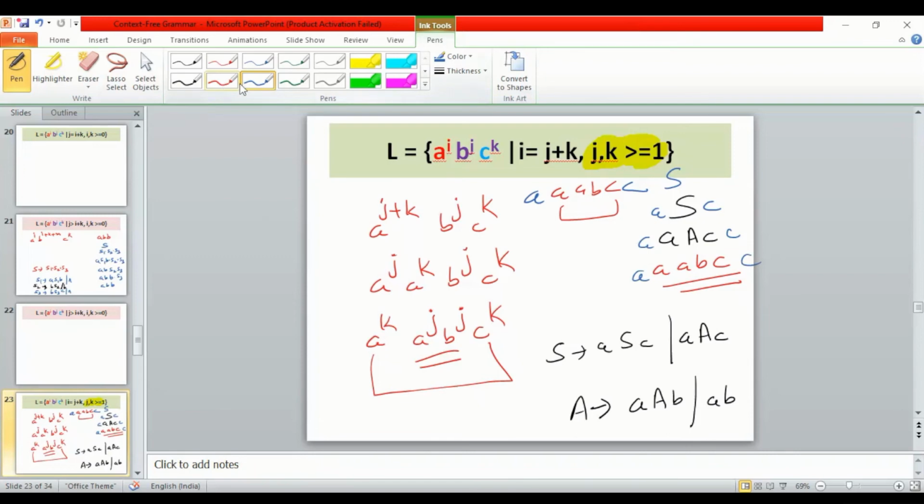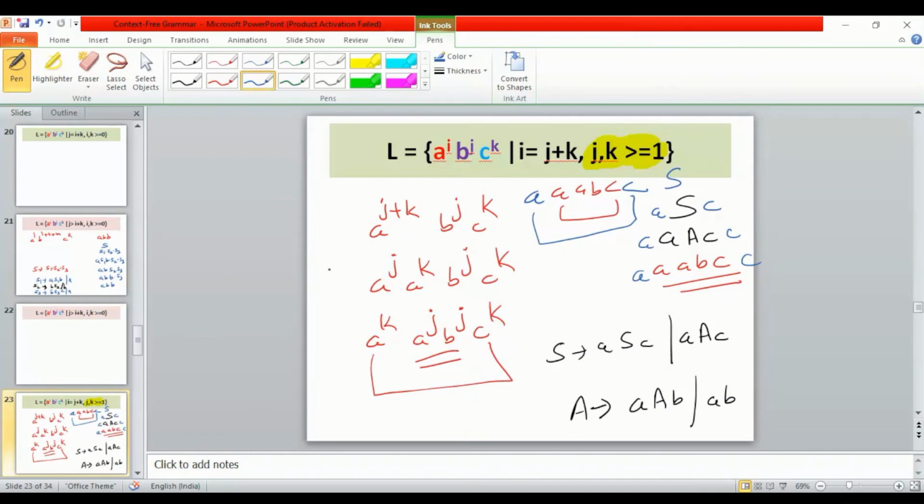So when I want to generate K more than once, I have to first apply a recursive rule, S gives A S C. Then when I want the last occurrence of A and C, I will replace S with small a, capital A, small c, and then we'll get the answer.